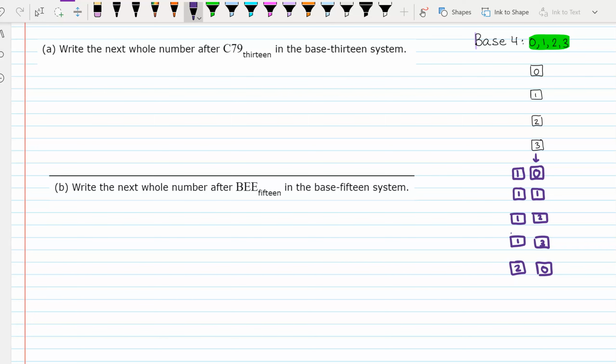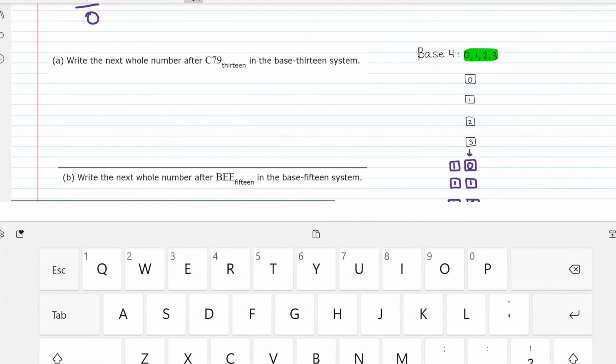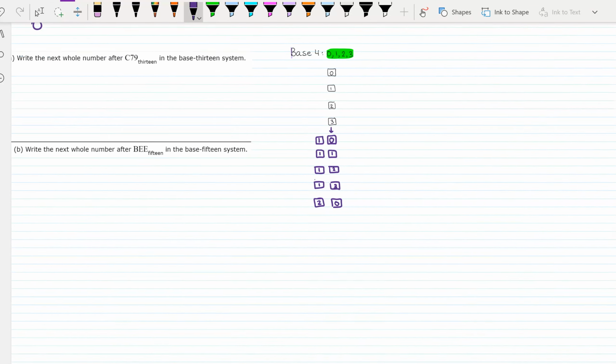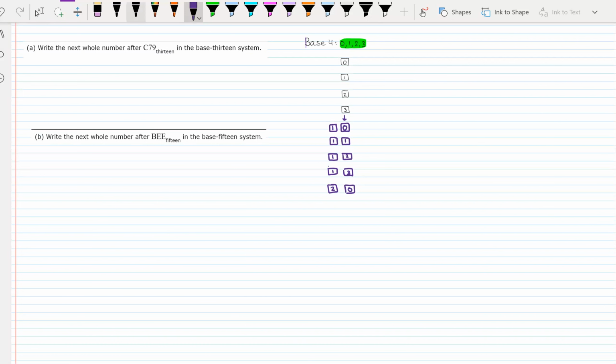The thing about when you're in a base bigger than 10 is that you have to introduce new symbols to represent the allowed digits. So in base 13, you're allowed to have 0, 1, 2, 3, 4, 5, 6, 7, 8, 9, but now I can't write a 10, a 1, 0, because that's a rollover.